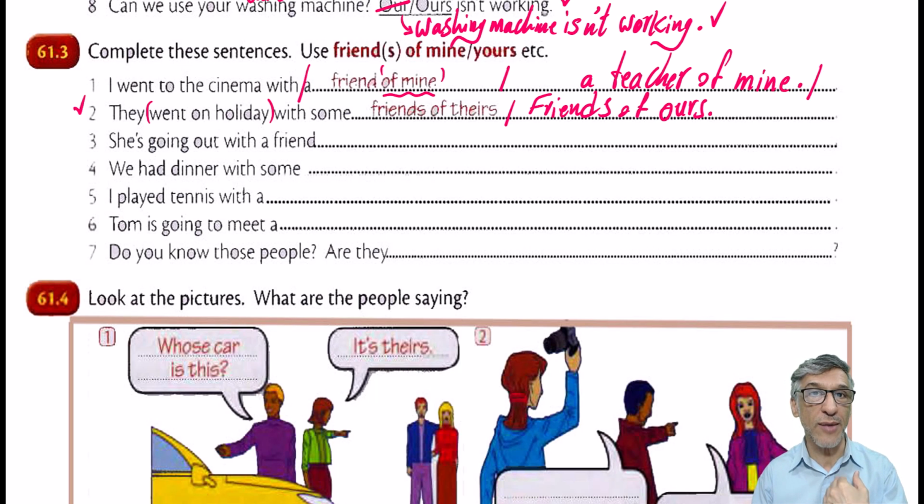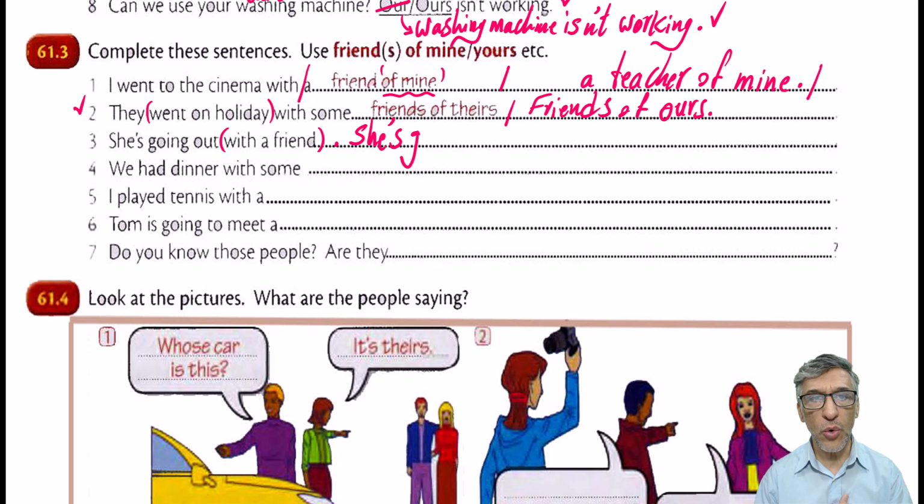We didn't have time to go there. We didn't have a chance to go there. Do you remember? She is going out with a friend. You can say this. She is going out with a friend of hers. Yes, you can write it in this way.